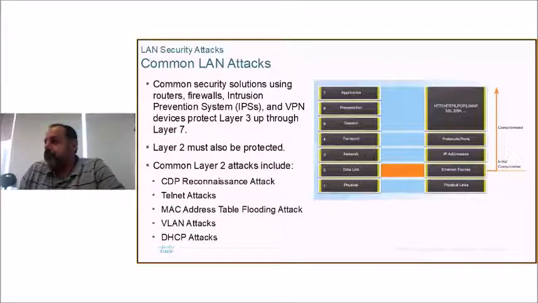I think I've said in the past, many organisations turn off CDP as soon as they've got the device, and I think more modern versions of IOS have CDP off. Of course, Telnet, we've already spoken about where that falls over. MAC address table flooding attacks, VLAN attacks, and DHCP attacks as well. So we'll talk about most of those.